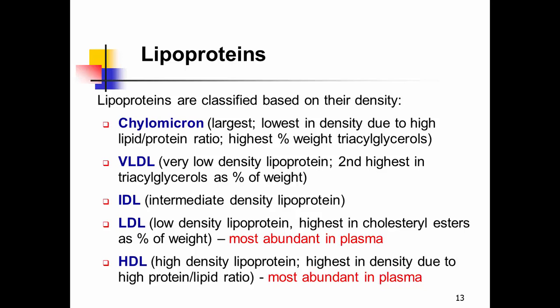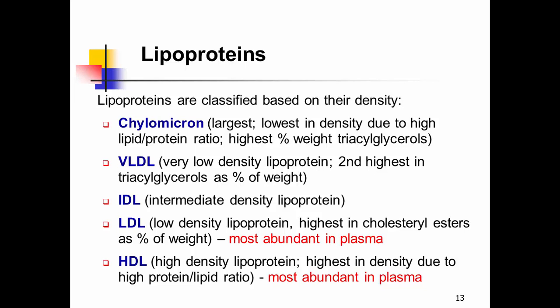We have several different lipoproteins: chylomicron, VLDL, IDL, LDL, and HDL, right? These are the common lipoproteins that are present in our body, in our circulation.